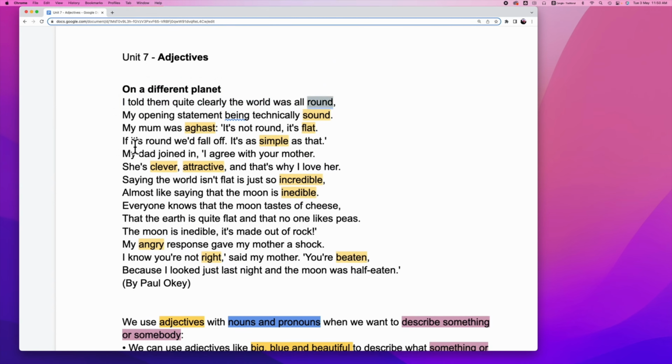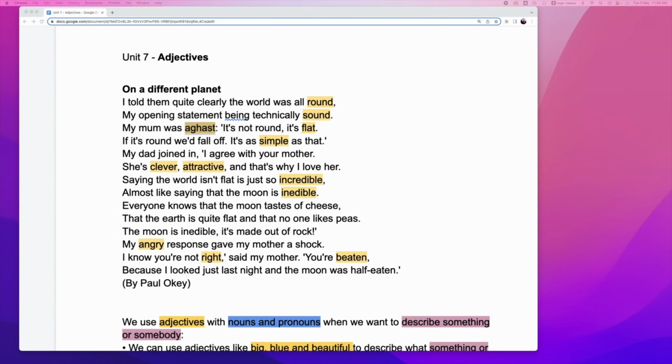Round is an adjective. My opening statement being technically sound. My mom was aghast. Aghast is another adjective, which means very emotional, in a sudden way, because it feels shocked.